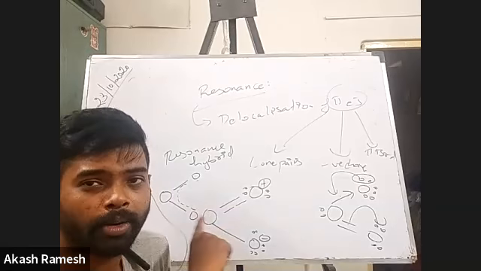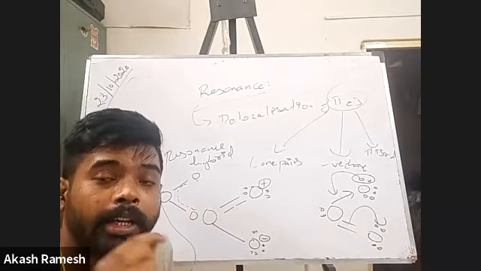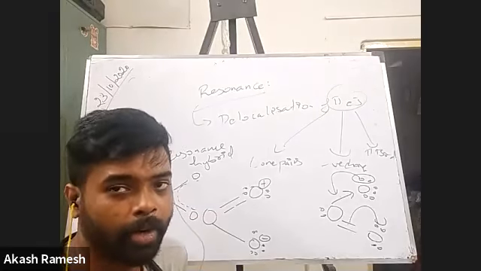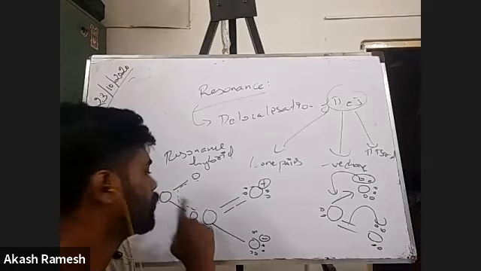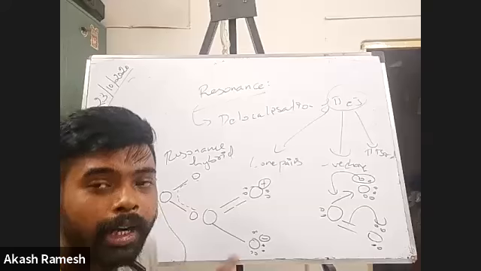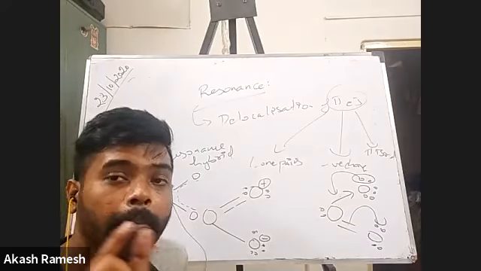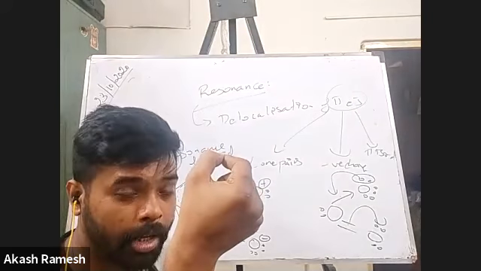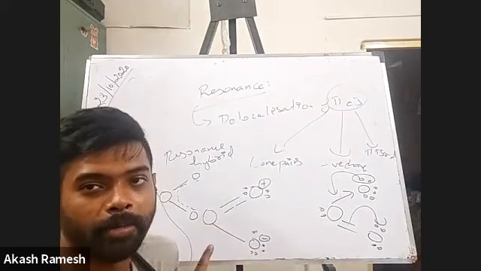So the bond length is a little bigger than a double bond. Now you see that the double bond is oscillating between these 2, so if I take any 2 oxygen atoms at a point, the bond length is a little greater than the double bond, but lesser than a single bond, because it is neither a double bond nor a single bond.